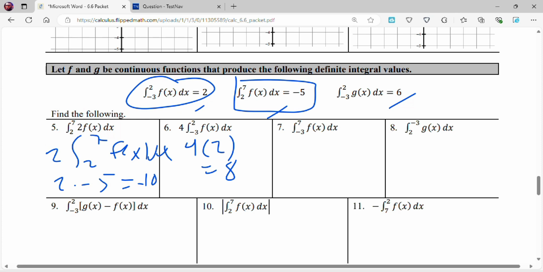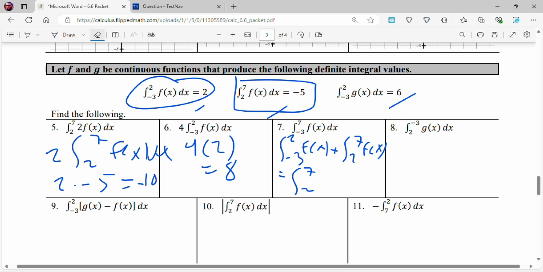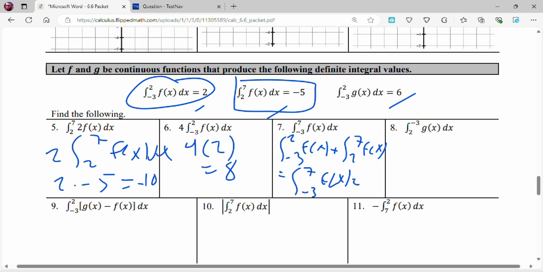So remember, if you have something like this, negative 3 to negative 2 plus 2 to 7, that is equal to negative 3 to 7. And so we're just going to add those values. So 2 minus 5 is negative 3. And then that's it, right?